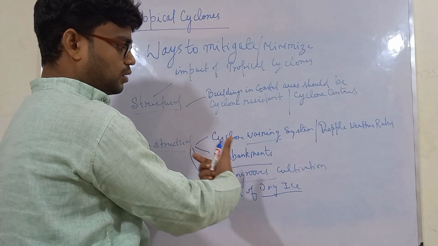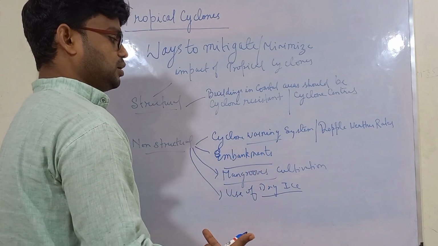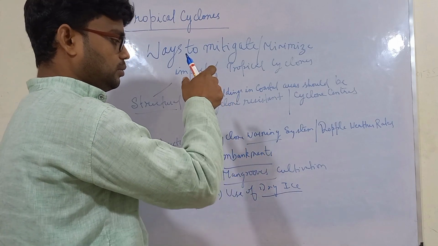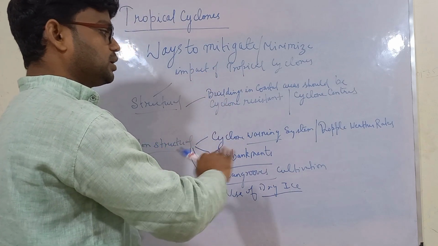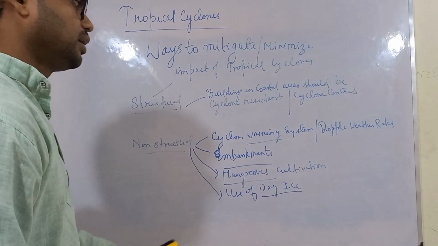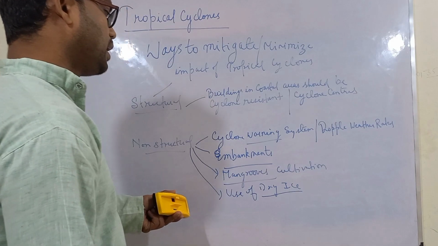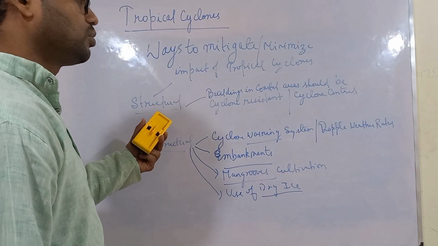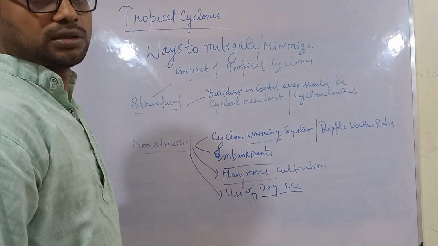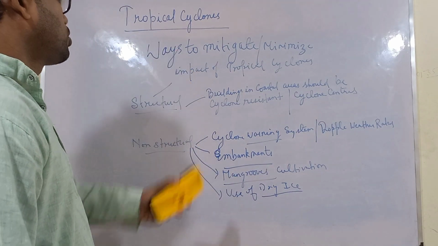When the tropical cyclone reaches that area before striking the coast, its source of energy gets reduced, and the intensity of the cyclone gets reduced, and due to that the damage caused in the coastal region also gets reduced. So this was our last heading under tropical cyclones.